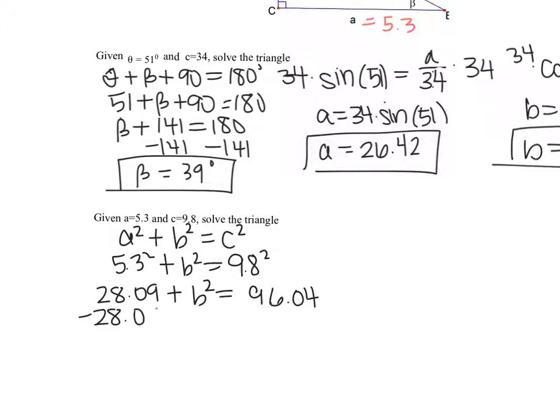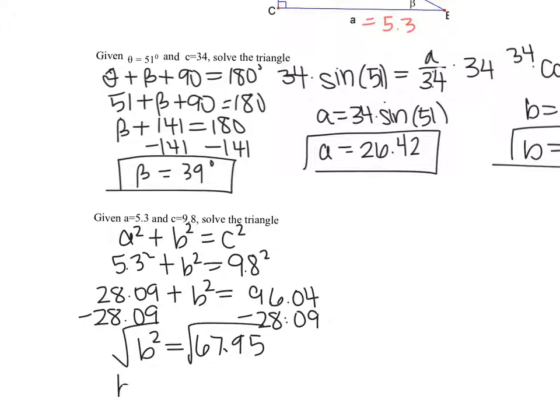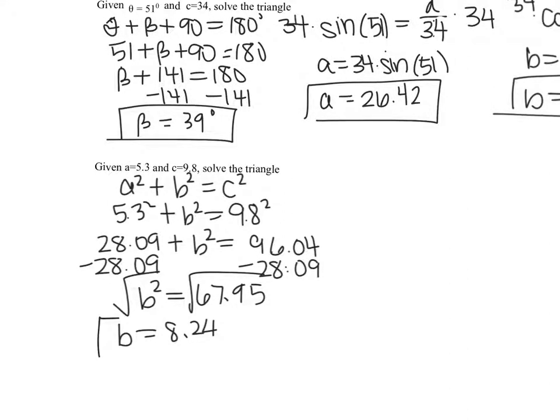Subtract 28.09. We get b squared equals 67.95. Take the square root, and b equals about 8.24. And again, not an exact answer, it is an approximation.